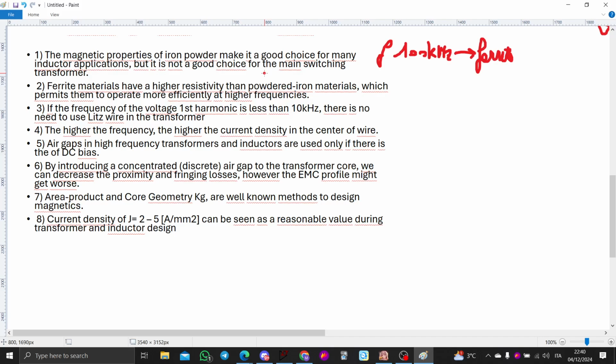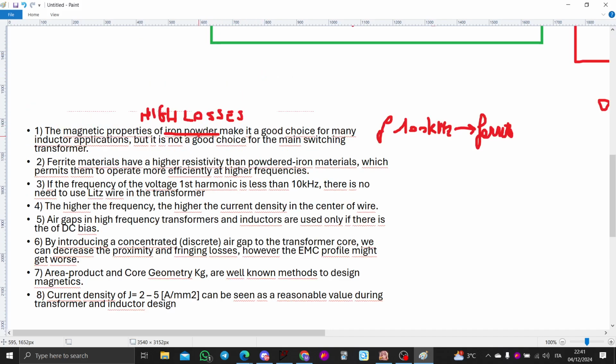let's just say that the iron powder has very high losses, due to the eddy currents. If the answer is for a high frequency transformer, this is true.